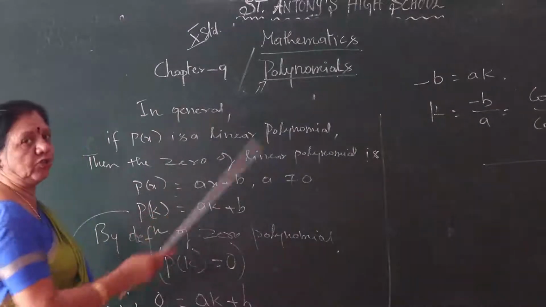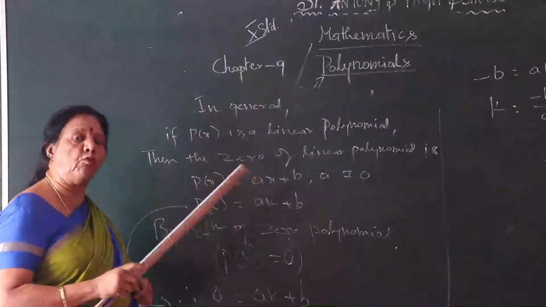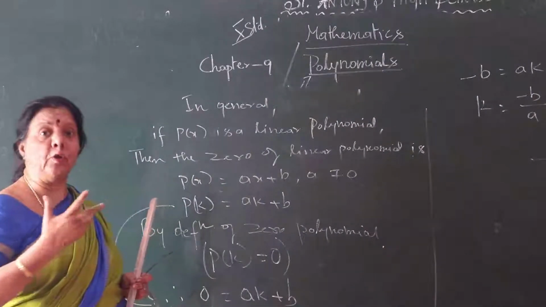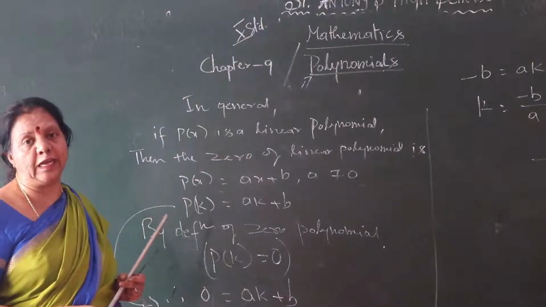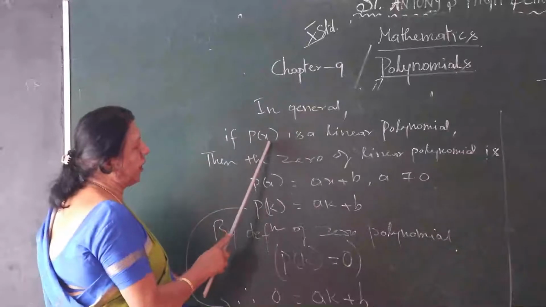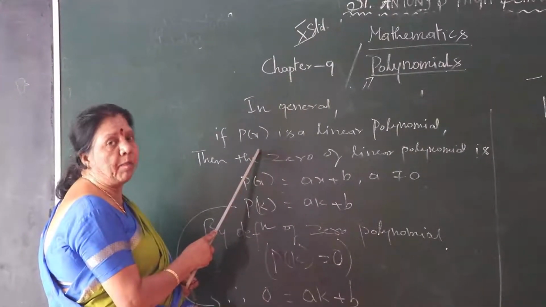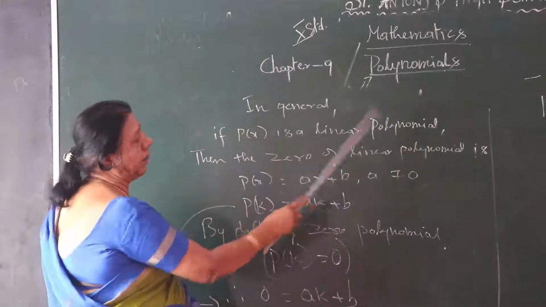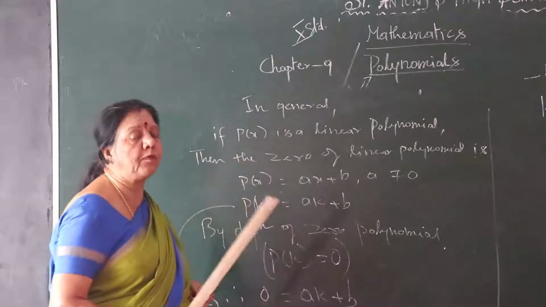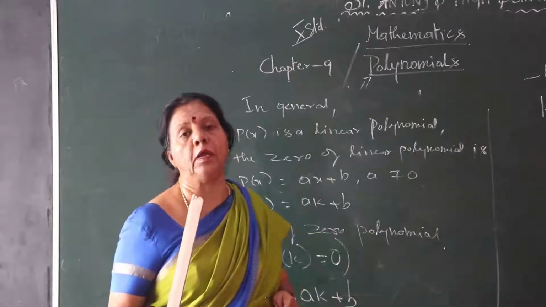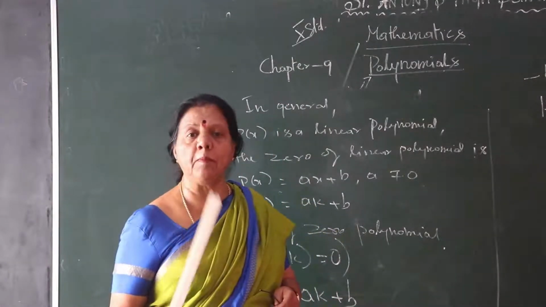See, in general, it is a universal value, children. Wherever you go, the same interpretation will take place. So here, p of x is any polynomial. There are three types you already learned: linear polynomial, quadratic polynomial, cubic polynomial.